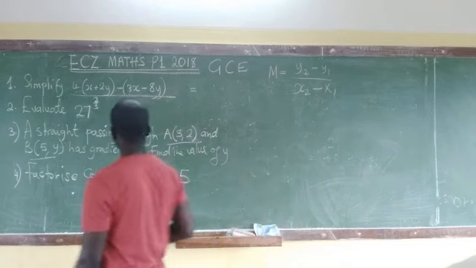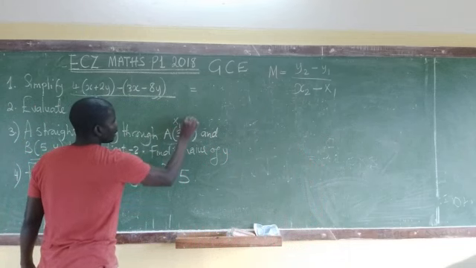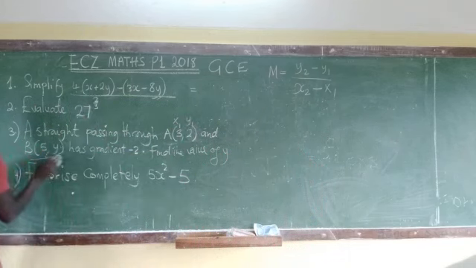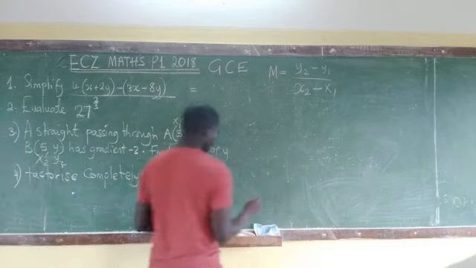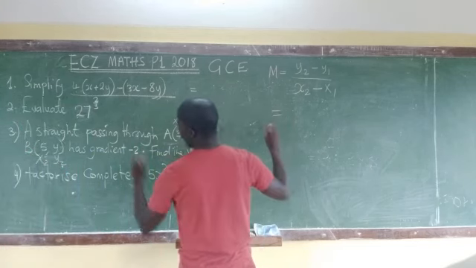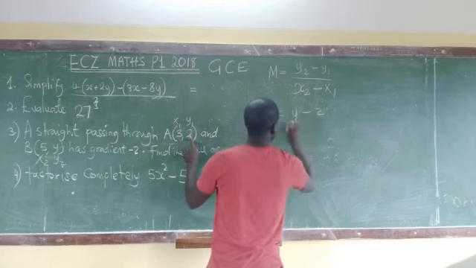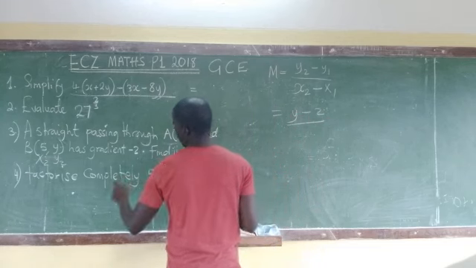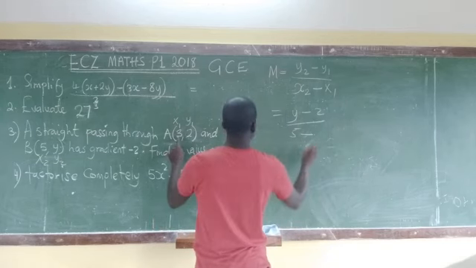So let me bring you here. We are going to call this one our x1, this one our y1. This is going to be our y2 and our x2. So let's substitute in the formula. Our y2 is y minus our y1, which is 2 over our x2 is 5 minus 3.